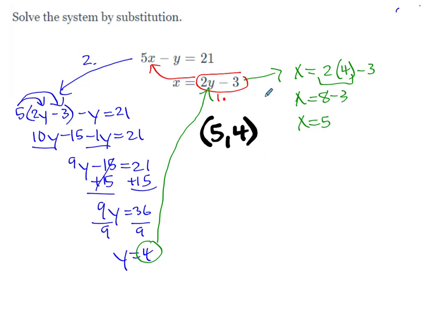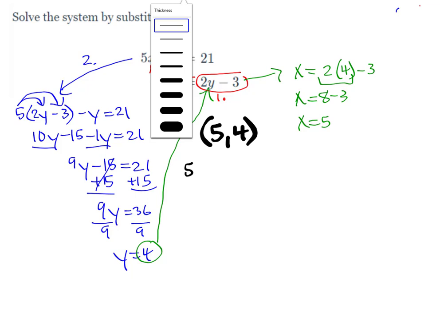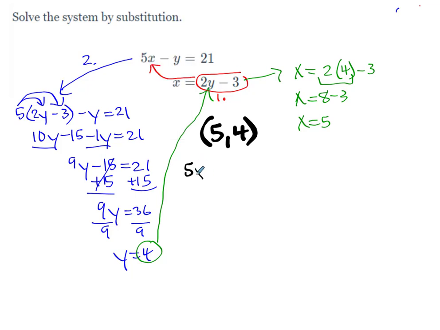And again, if you want a great test-taking strategy, I'm going to substitute 5 for x in both and then 4 for y in both of them. You could fast forward or stop the video. Just watch as much as you think you need so that you get this. But again, this is a great testing strategy. So I've got 5x minus y is equal to 21.